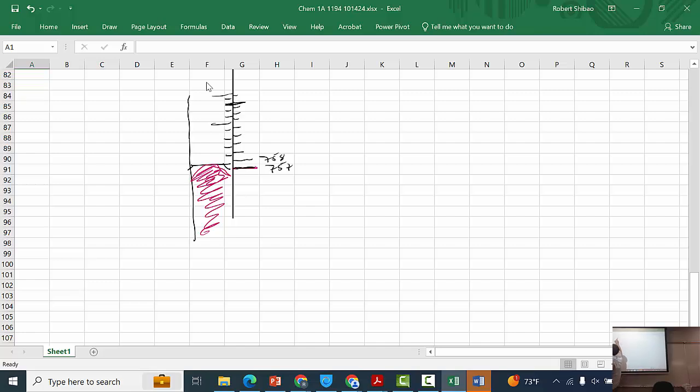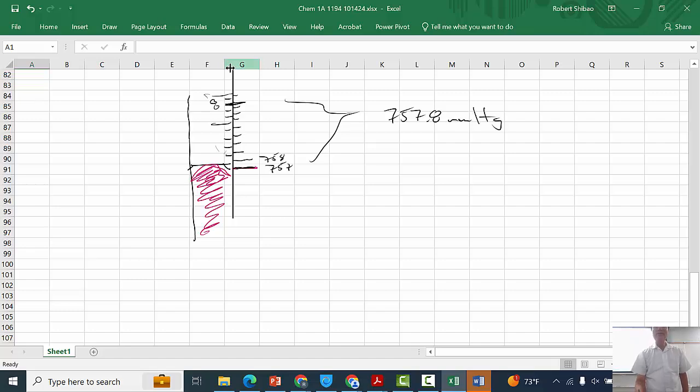It looks like the 8th line lines up with one on the right, because all the other lines are offset. And since the 8th one lines up, then the reading here is going to be 757.8 millimeters of mercury. So we don't have to guesstimate it. It's just right off the vernier scale here.